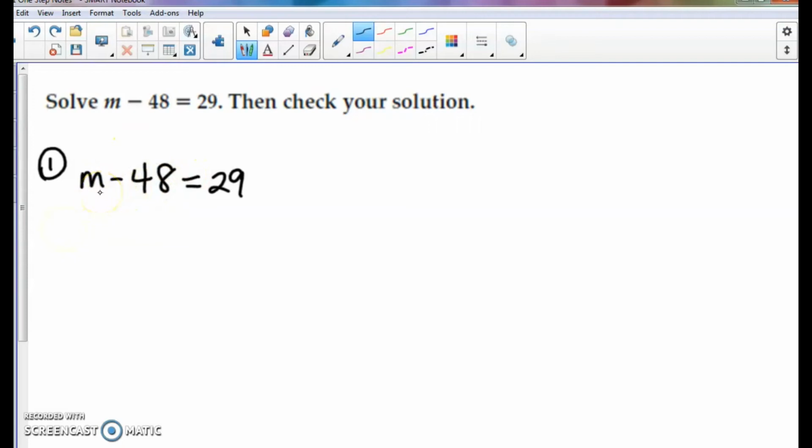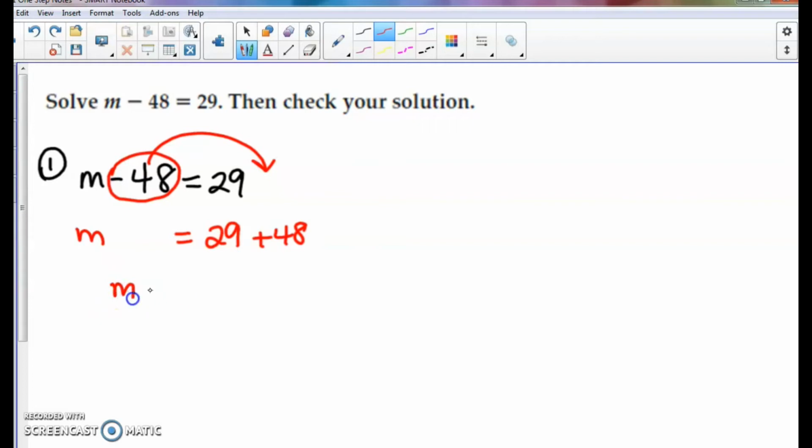So we're going to transpose the 48, which is being subtracted, to the other side. My m stays on the left side, my equal sign drops down, my 29 drops down, and my minus 48 comes over here to become a plus 48. Now 29 plus 48 gives us 77. So m equals 77.